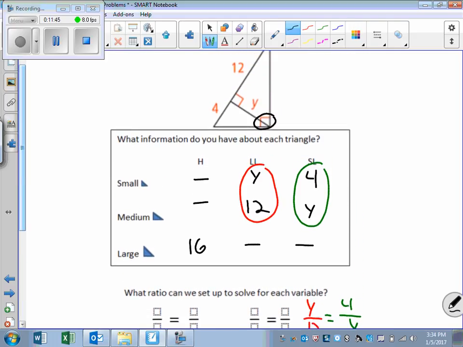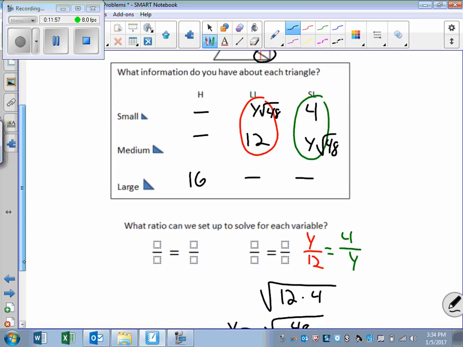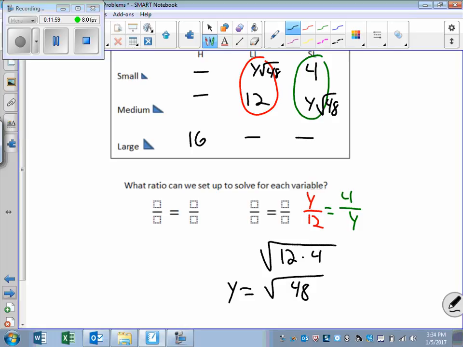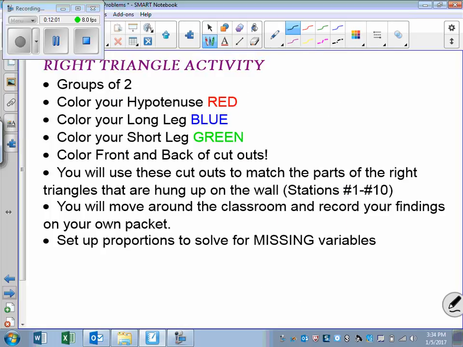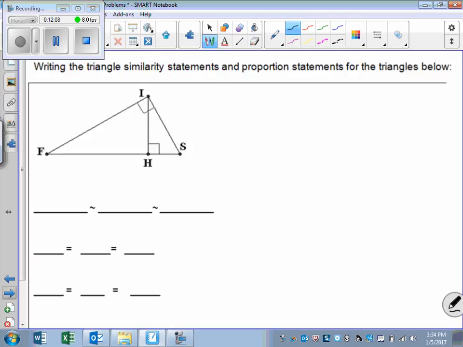So for here, we can say square root of 48. And for here, we can say square root of 48. We're doing this in class. I'm going to skip that for now.